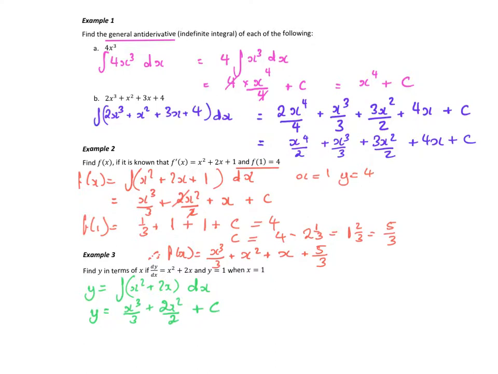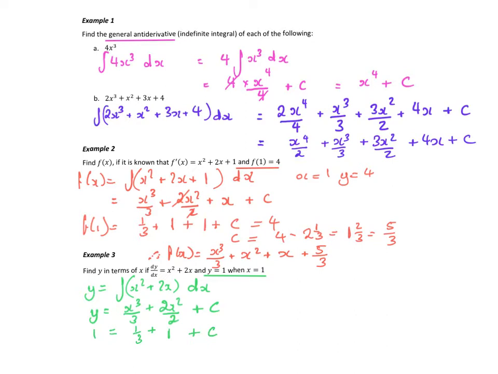Now, when x is equal to 1, y is equal to 1. That's what we're told there. So let's substitute that in so we can get our c value. And so we get 1 is equal to 1/3 plus 1 plus c. So again, we should be able to manage our c here. Bring 1 over and it cancels.